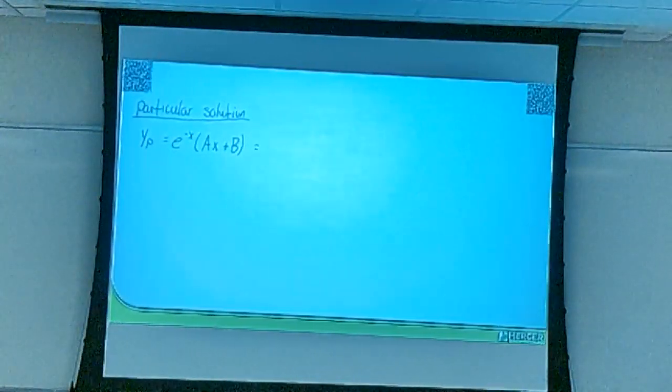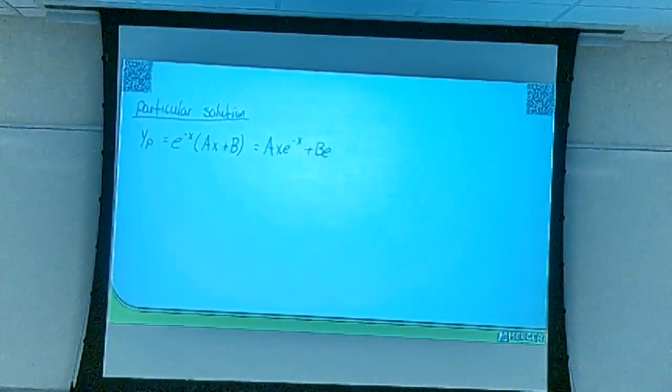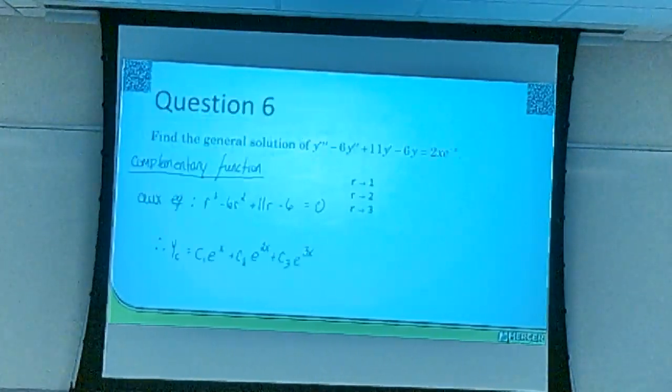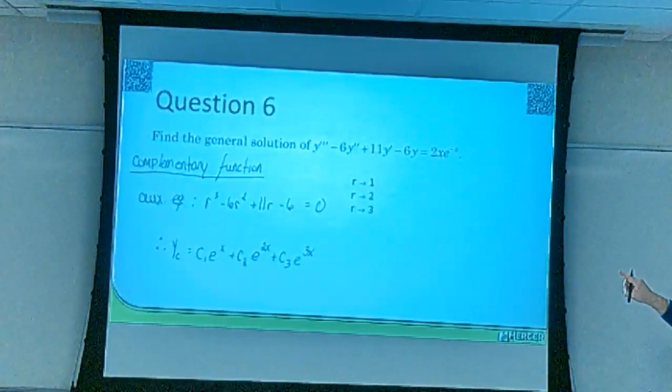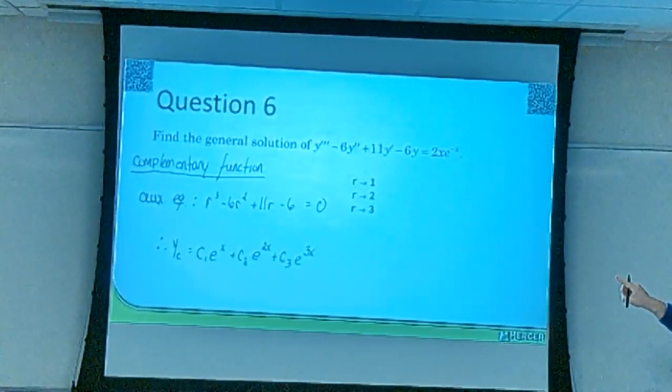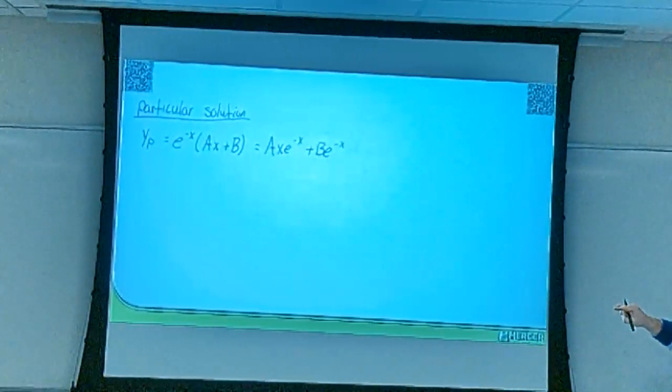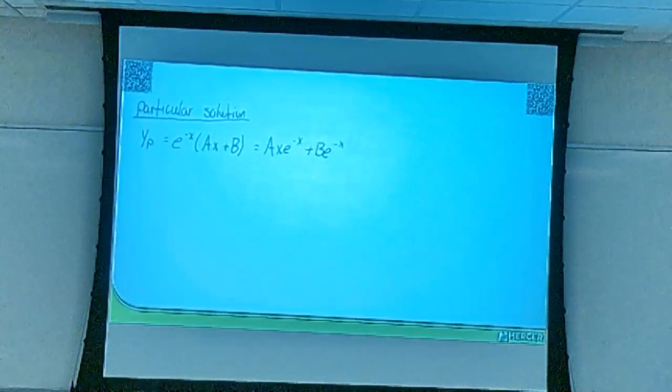I'm going to rewrite that, because we need to go up to the third derivative. So we're going to need y prime, then double prime, and finally triple prime.